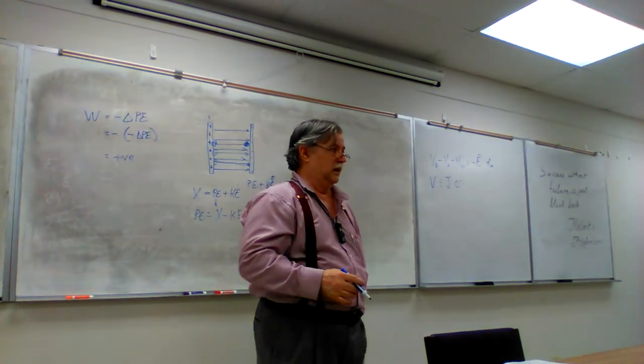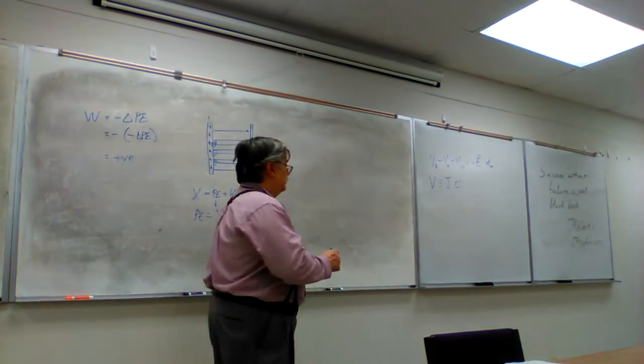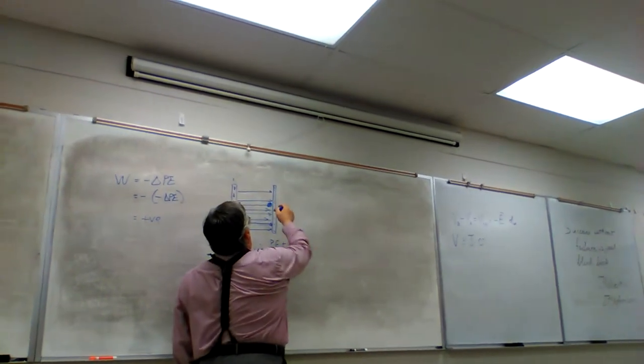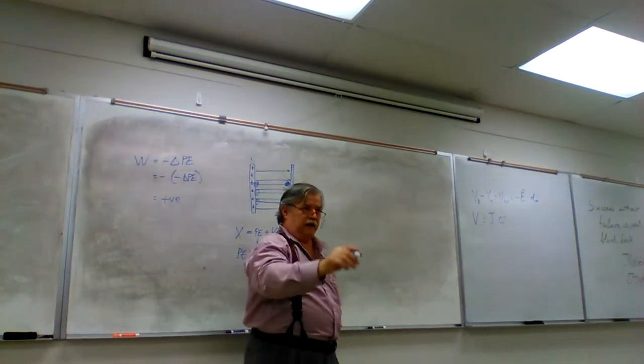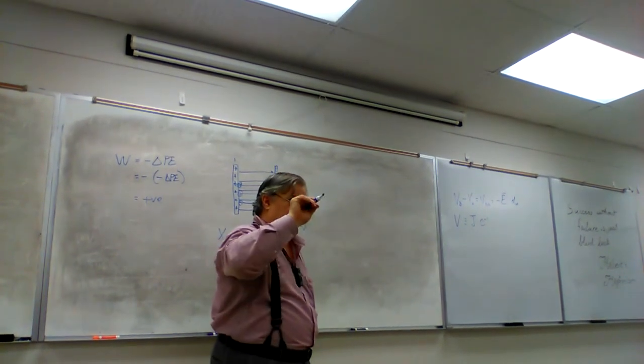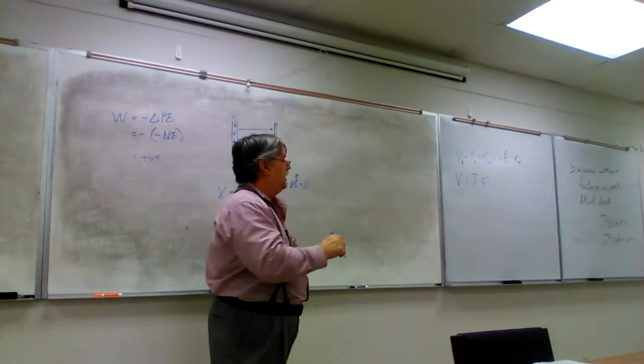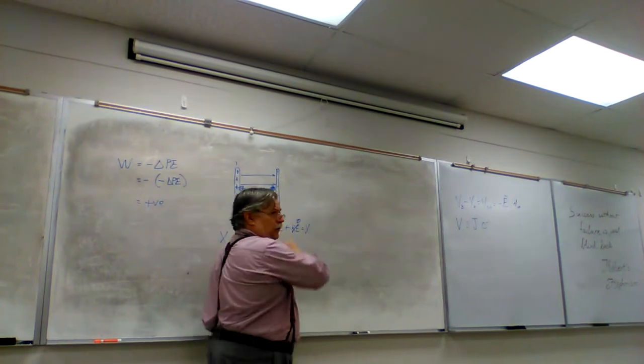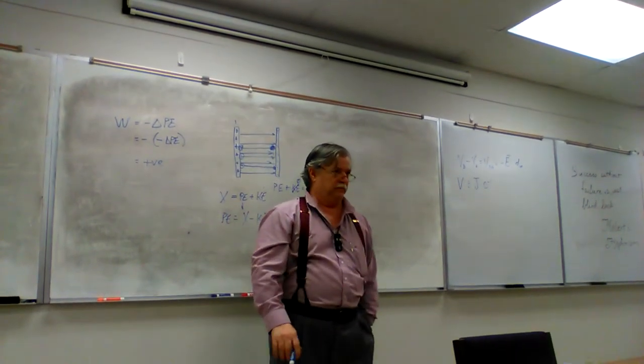But it's effortless if you put an electron on the negative side because it's attracted to it. So the potential energy goes down because the work was done by the force, by the field.